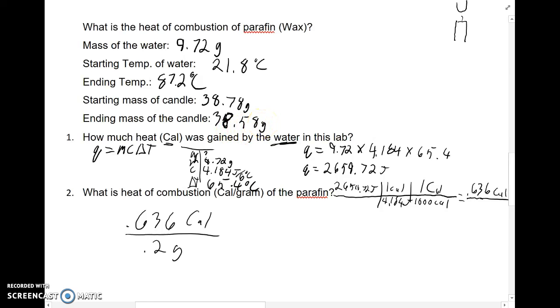If I take those values, 0.636 divided by 0.2, I get 3.18 calories per gram. So that's how many calories of heat would go from my wax as it's released in a combustion reaction into my water. If I burned exactly 1 gram of wax, that's how many calories could be transferred in, according to the calorimeter that we designed to collect our data.